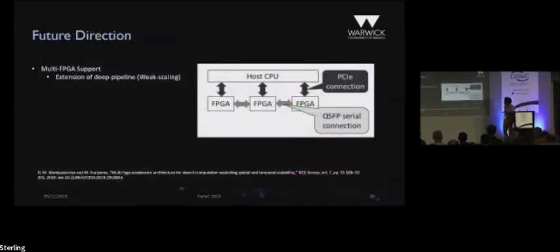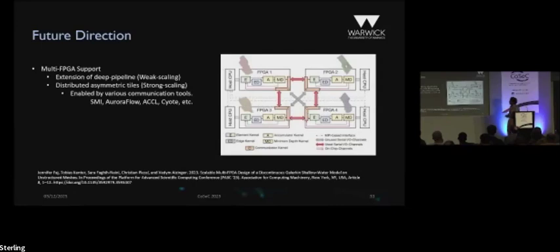Our future direction is to extend this into a multi-FPGA environment, because if you are familiar with Padbury and Noctua 2 supercomputers, they are now going for an FPGA-based cluster, which has a configurable network backbone. So you can connect multiple FPGAs together in a serial manner, or you can go for a traditional GPU-like approach, where you have domain decomposition.